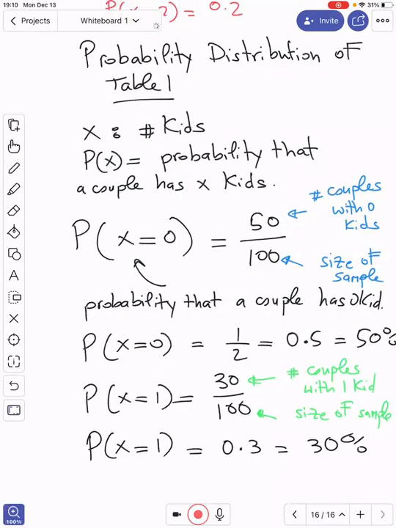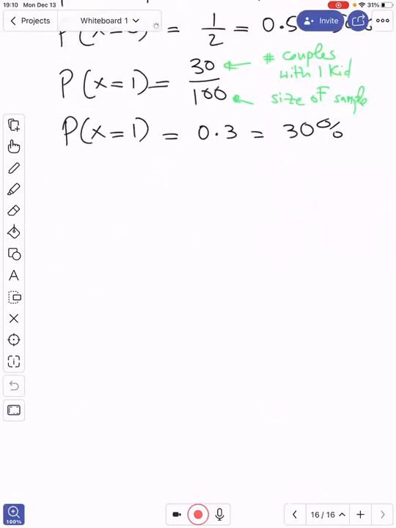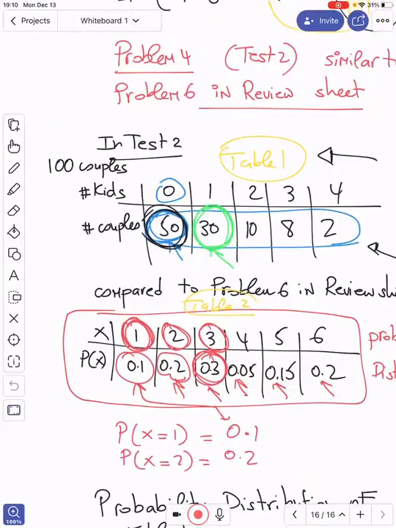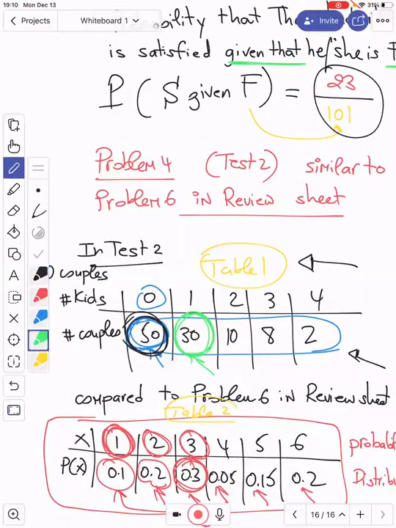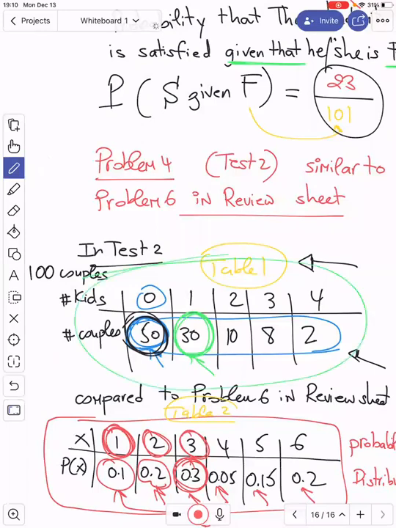So your probability distribution in this case. Again, we started with this table, which is not the probability distribution, it's just the number of couples with X kids.